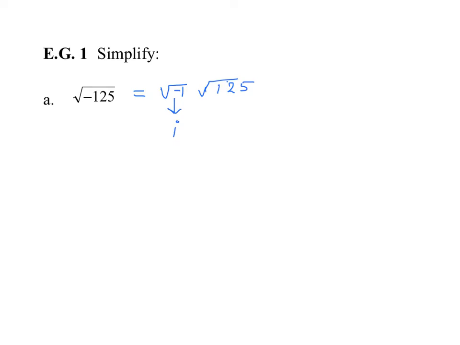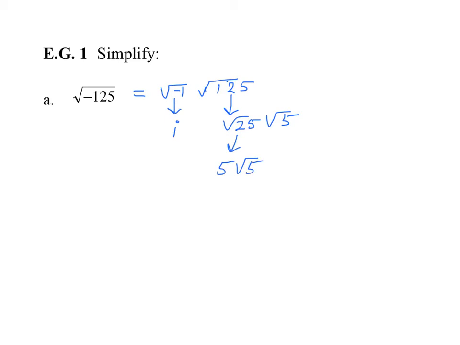Then the other part of the radical, which is now the positive 125, gets broken up into simple radical form as we've been using it before. So 25 is a square number in 125 that goes in there 5 times. Simplify the square root of 25 as 5.